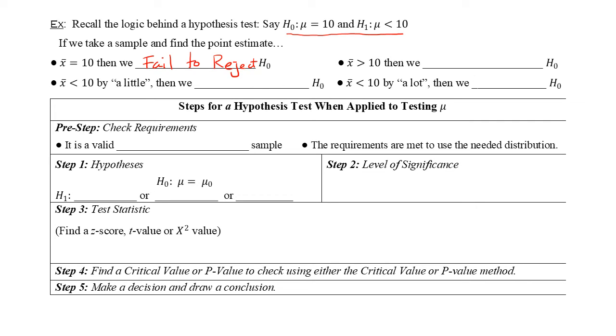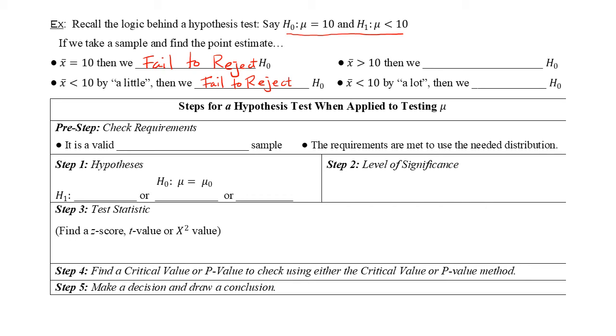If we get a sample mean that's slightly smaller than 10, well, that doesn't seem too unlikely either. We can expect there's some variation between our different samples. So getting one that's just a little bit smaller than 10 doesn't seem that unlikely. So in this case, depending on the situation, it doesn't seem like just being a little bit smaller than 10 would be enough to reject the null hypothesis.